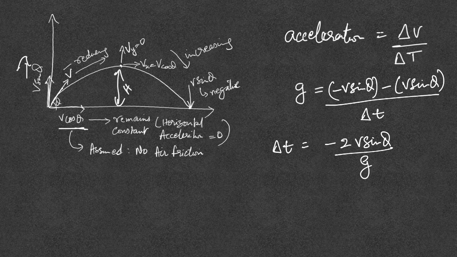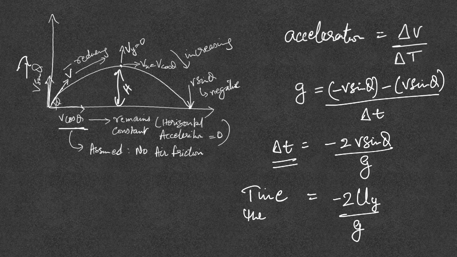So hence, by using this formula, you can find out the amount of time that the projectile will remain in the air. Okay, so this can also be written as minus 2 times the initial velocity, right? V, as you know, is the initial velocity, so you can say u y, the y component of the velocity, divided by g, which is essentially the equivalent formula, and this will tell you the time the projectile was in the air.